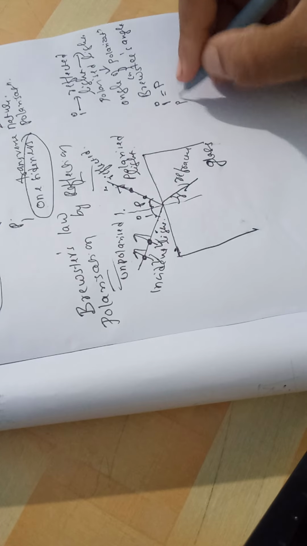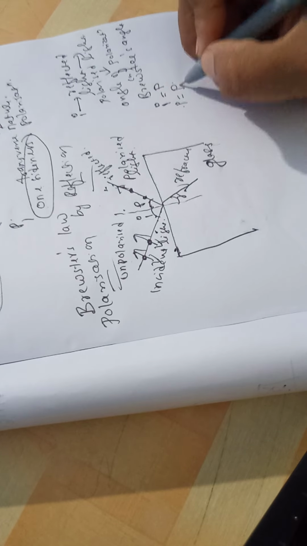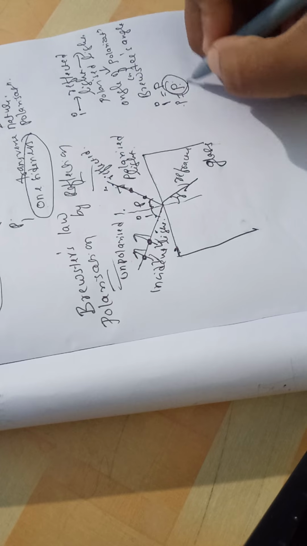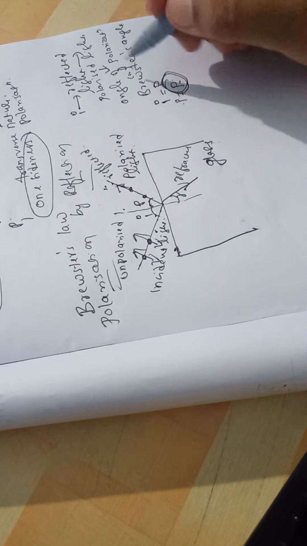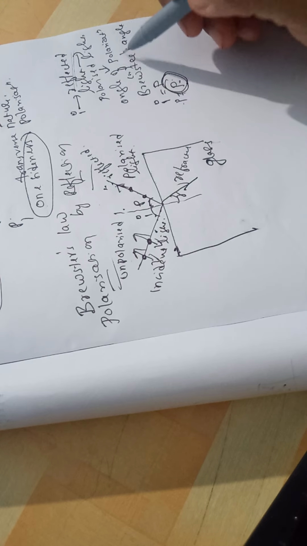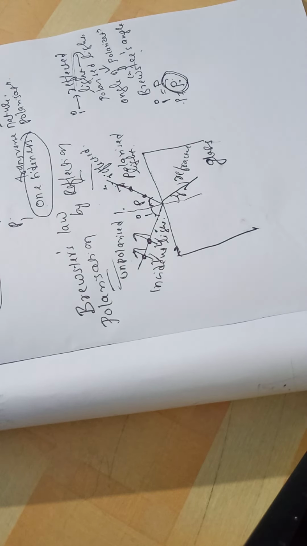Now it follows the reflection laws. I will be equal to P, where P is the angle of polarization, at which the reflected light is completely converted into polarized light, right?